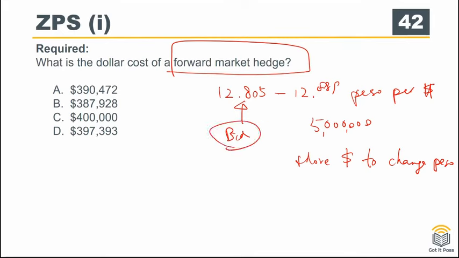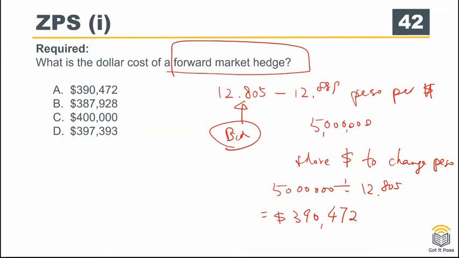5 million pesos divided by the forward rate, which is 12.805, and when you use your calculator, in terms of dollars, it is $390,422.